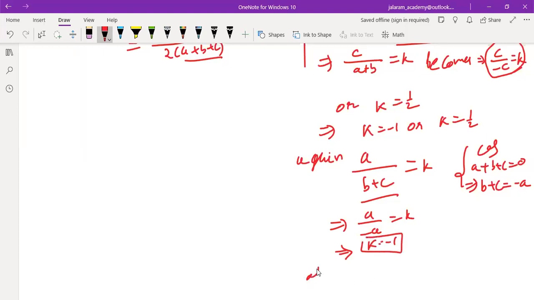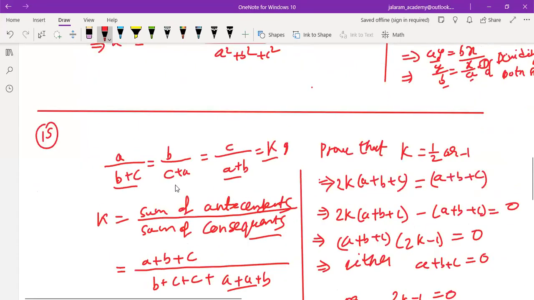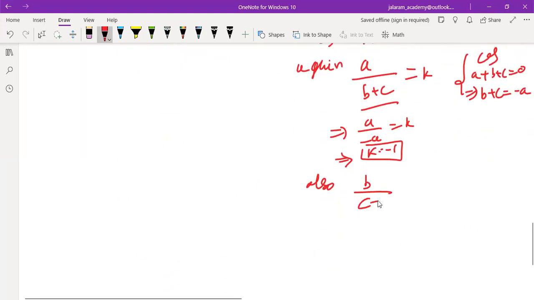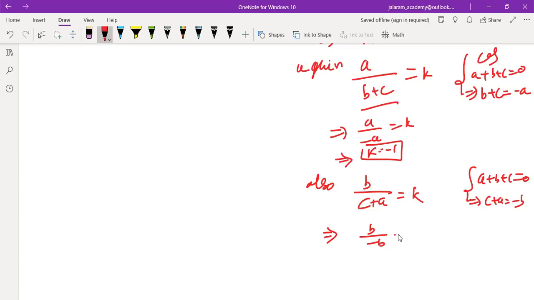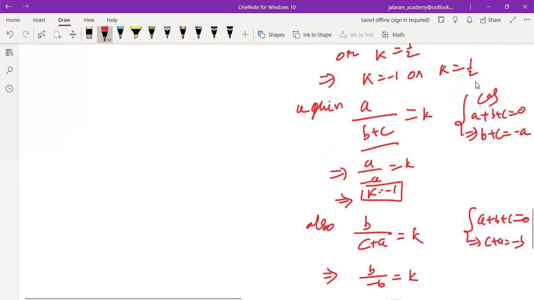And also, when we take the second ratio, B upon C plus A, for this also, as A plus B plus C equals to 0, the denominator C plus A equals to minus B. It implies B upon minus B equals to K. It implies K equals to minus 1. Means each ratio which is equal to K, we have proved that it is either half or minus 1.